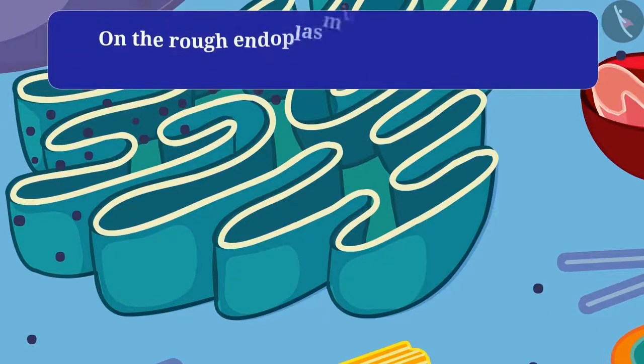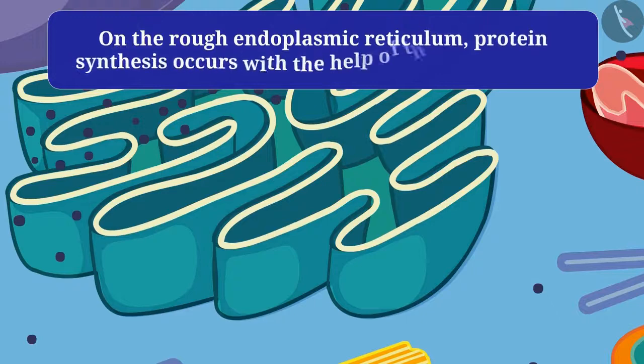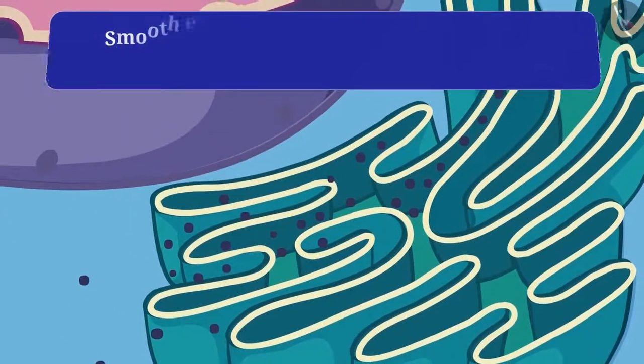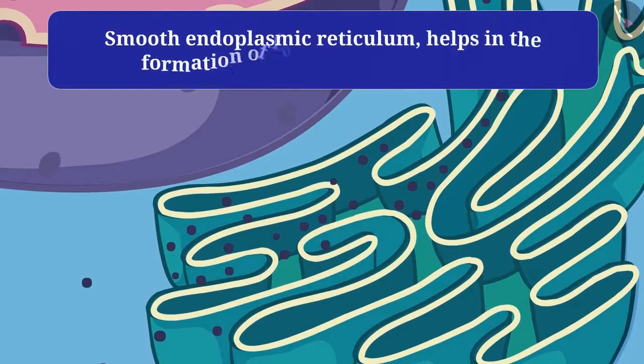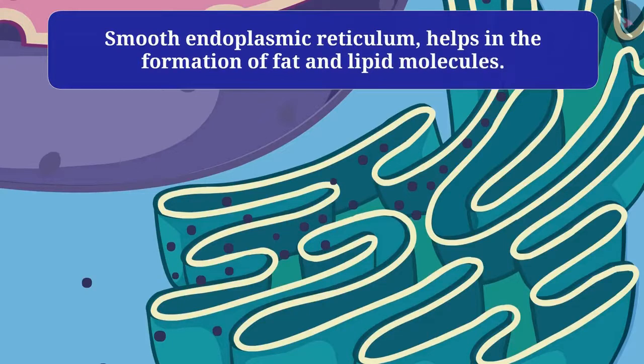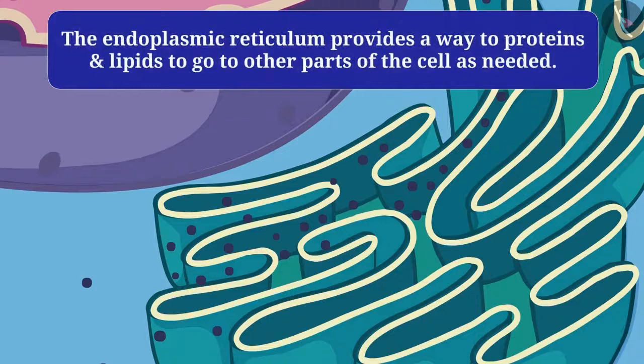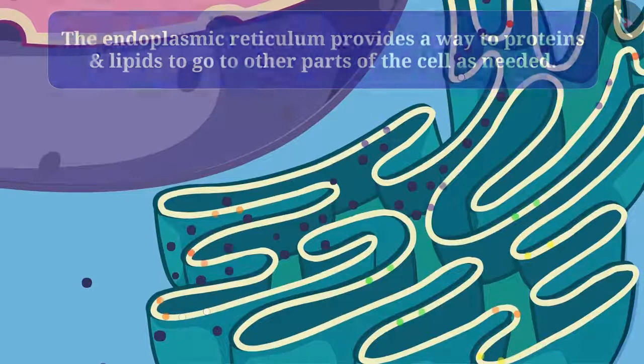On the rough endoplasmic reticulum, protein synthesis occurs with the help of these ribosomes, and the smooth endoplasmic reticulum helps in the formation of fat and lipid molecules. That is, the endoplasmic reticulum provides a large surface for synthesis of protein and lipid inside the cell, and after that, it also gives them a way to go to other parts of the cell as needed.